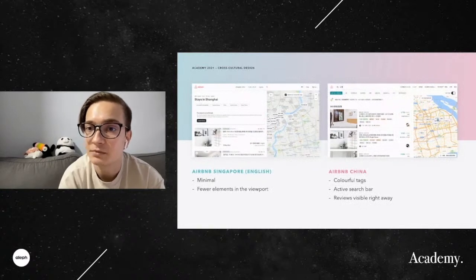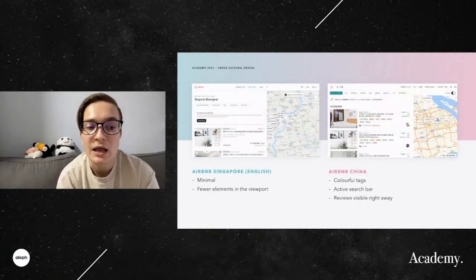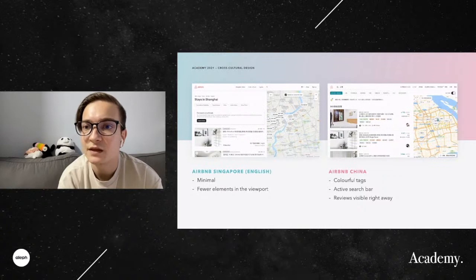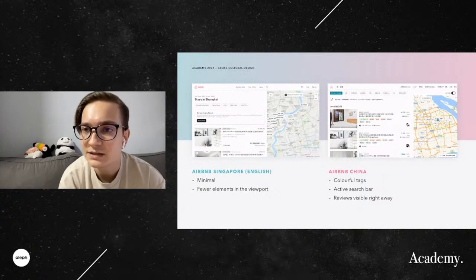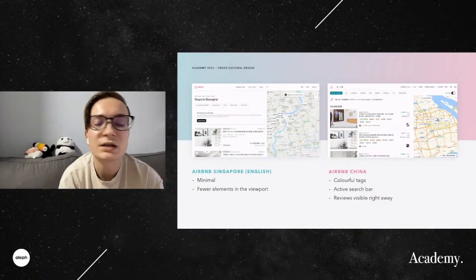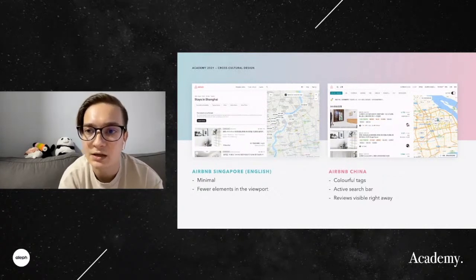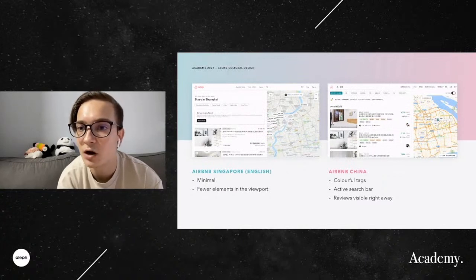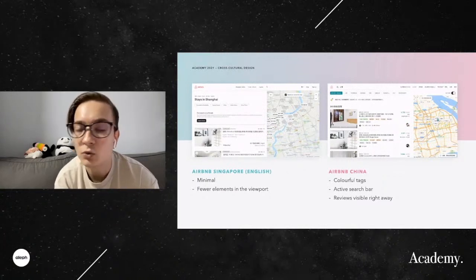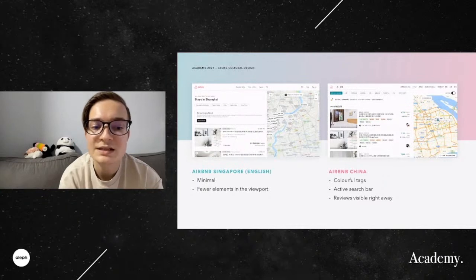Just look at another example here, the Airbnb in Singapore in English and the Chinese version of Airbnb. They look very familiar, but they are different still. And those minor subtle differences like colorful tags or active search bar or visible reviews right away is what makes the experience so different.